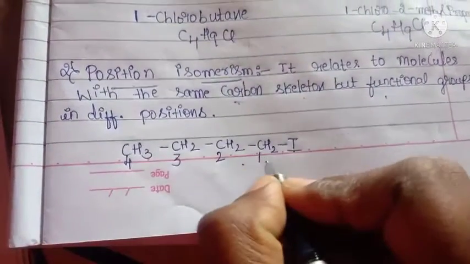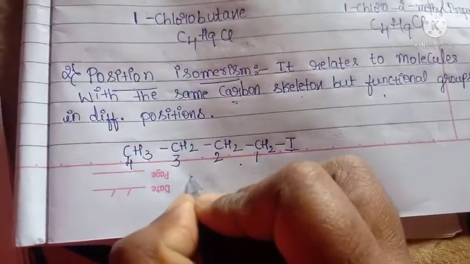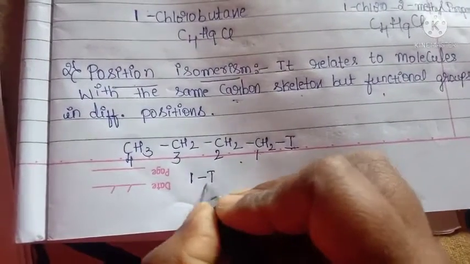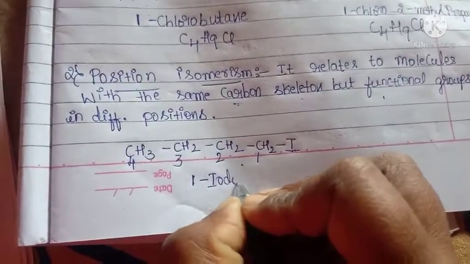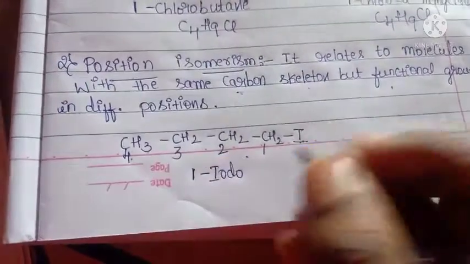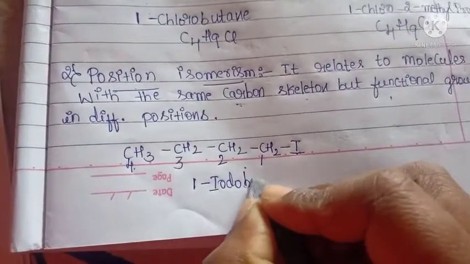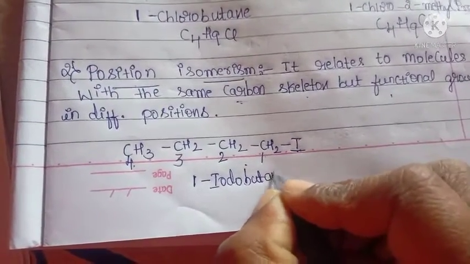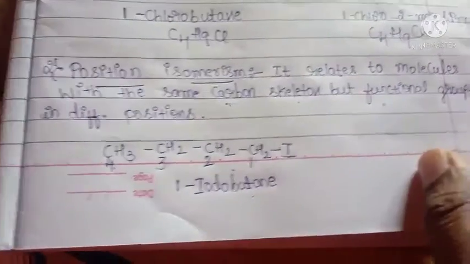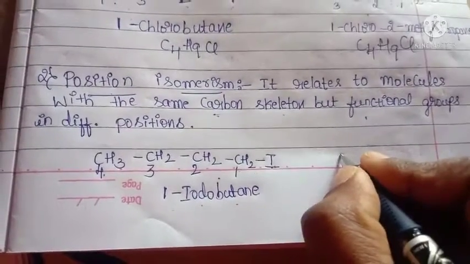Okay, here 1, which one is there? Iodine. So you have to write iodo. Which alkane group is there? There are 4 carbon atoms present, so it is butane. So the name of this isomer is 1-iodobutane.